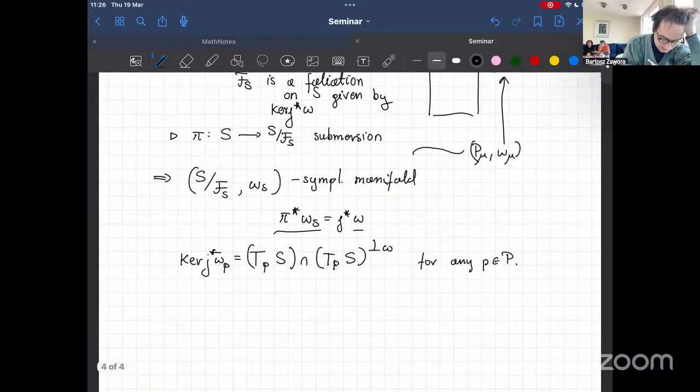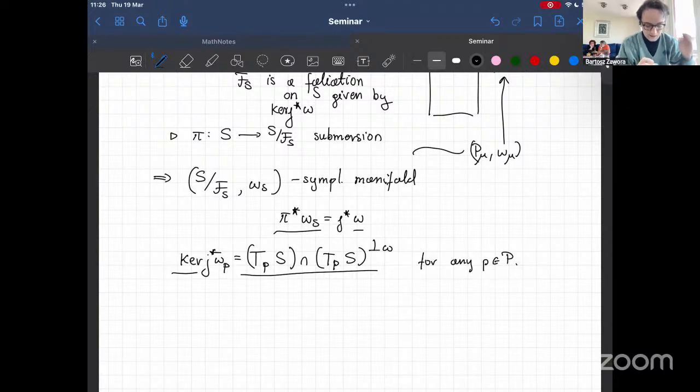Okay, and this will be very important, since by this theorem we know how to look for the characteristic distribution of a symplectic form pulled back to some kind of submanifold, and in our case it will be the level set of the momentum map.